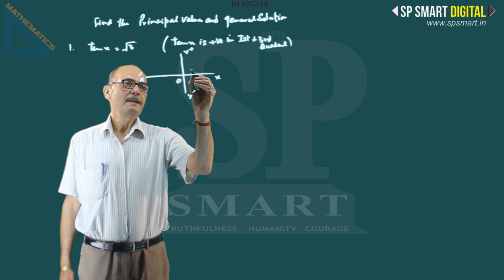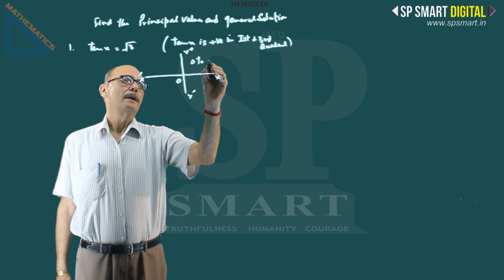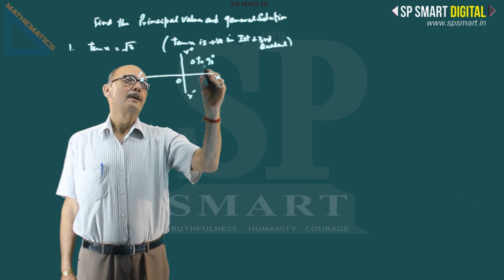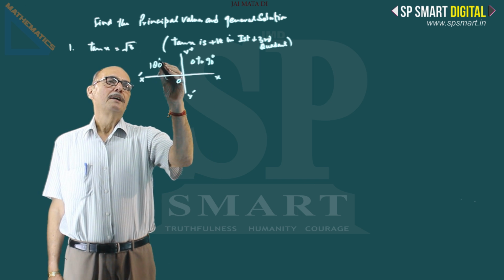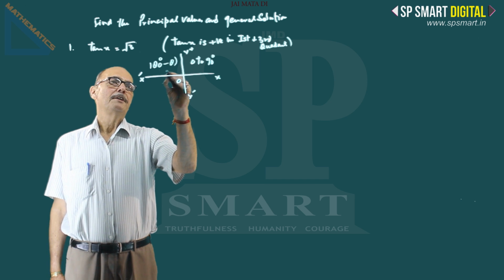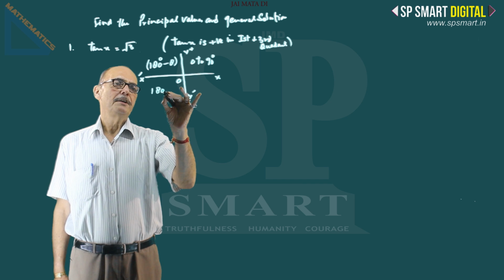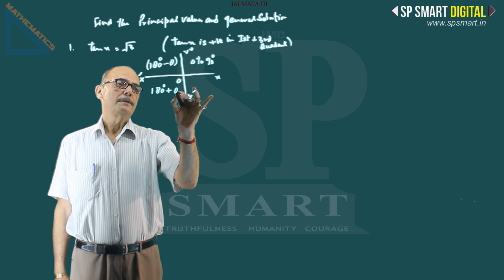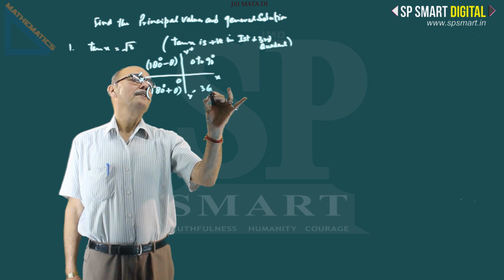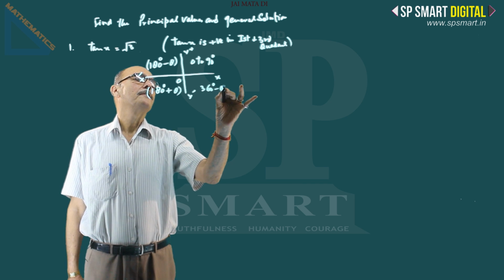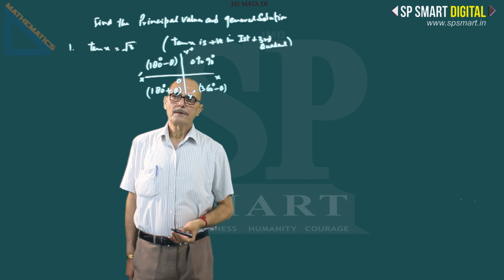In first quadrant, the value is 0 to 90 degree. In second quadrant, it is 180 degree minus theta, and in third quadrant, it is 180 degree plus theta, and in fourth quadrant, it is 360 degree minus theta, where theta is the value in the first quadrant.